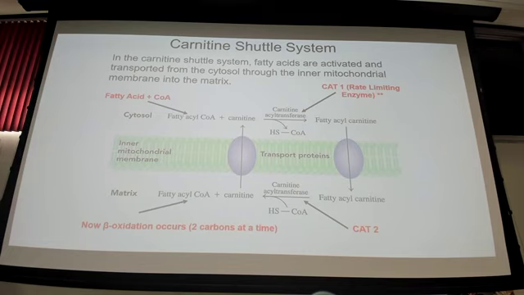Yes. So as far as for products for this, I was just assuming it's palmitic acid, like you said the slide shows, so the eight acetyl-CoAs, and then the 7 NADHs and the 7 FADH2s. Great question. So remember, we're breaking down fatty acids here. So you can assume that it's a 16 carbon fatty acid, which is palmitic acid.